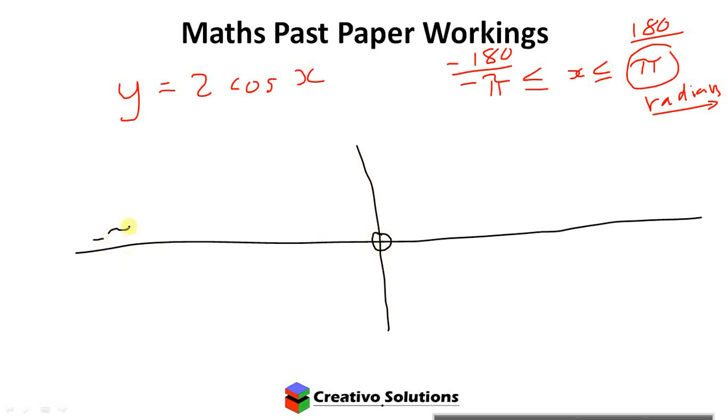I'll have minus pi radians, which is the same as minus 180. I'm going to put both here so you can see it. And then I've got 180 here, and that's for positive pi radians. So half pi would be 90, and negative half pi would be minus 90. Remember, 180, 90, those are the key angles.